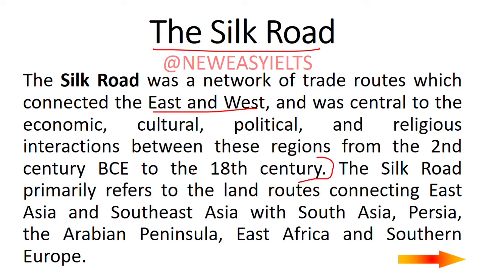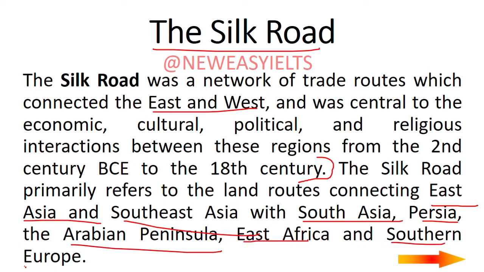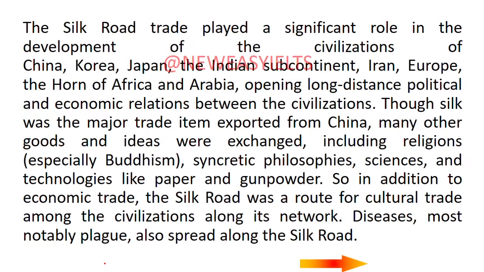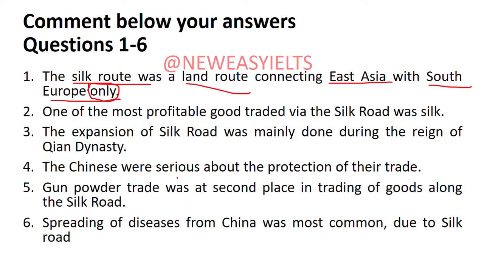The Silk Road primarily refers to the land routes connecting East Asia, Southeast Asia, with South Asia, Persia, the Arabian Peninsula, East Africa, and Southern Europe. Okay, we got the words which were asked in the questions: East Asia and South Europe.